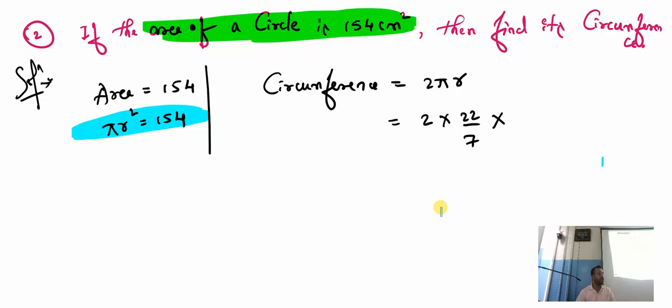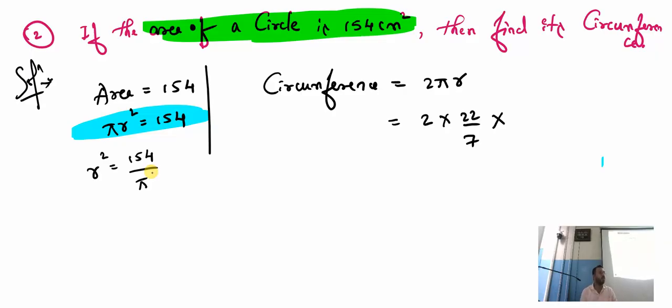By using this hint, you find that unknown, and then find the circumference. Followed? Understood? Now we know that r square is 154 divided by pi. Pi r square is 154. Keep r square as it is.